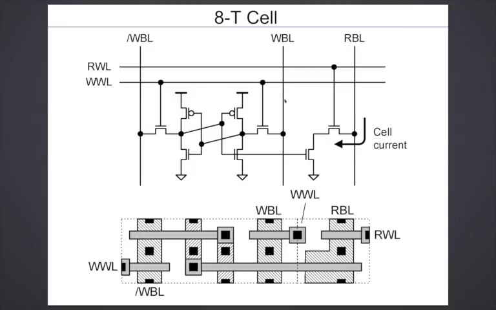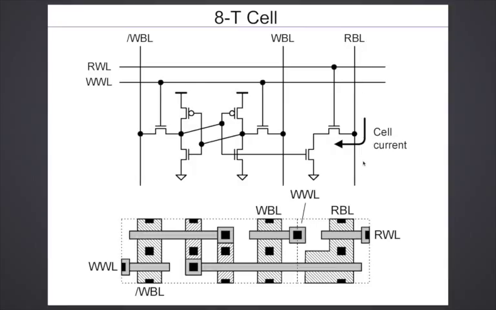There is a word line and the 2 bit lines. Now these 2 bit lines and this word line are used only during the write. They're not used for the reads. For the reads, there is a separate buffer, called the read buffer. It just consists of 2 transistors. There is a separate read word line which turns on the read buffer's access transistor, and the internal node is connected to the gate of this transistor, and there is a read bit line.